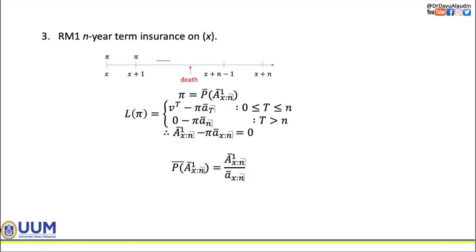And the last one is for term insurance. For term insurance, the numerator is term insurance and the denominator is the annual temporary annuity. So for continuous premium, you just have to know how to find the insurance and how to find the annuity. Thank you.